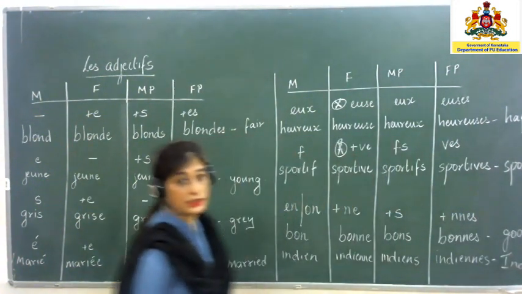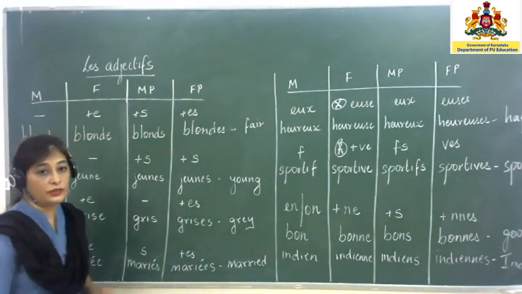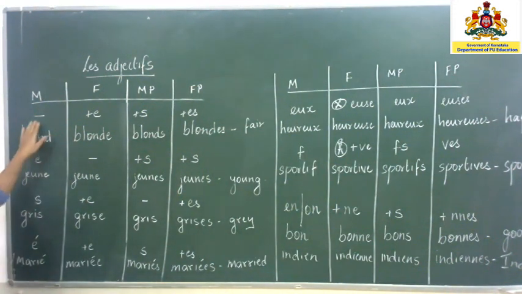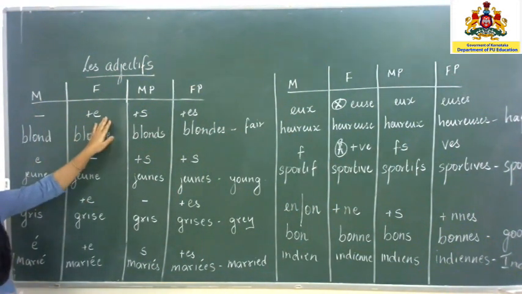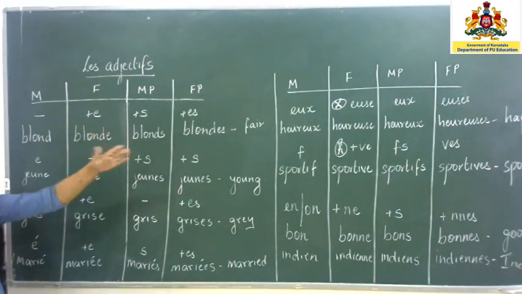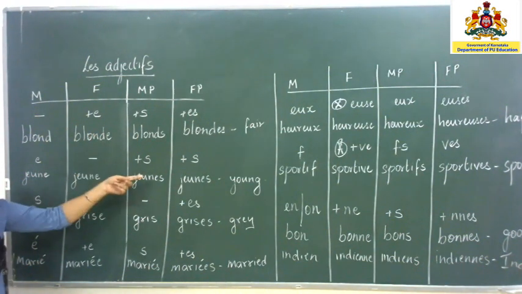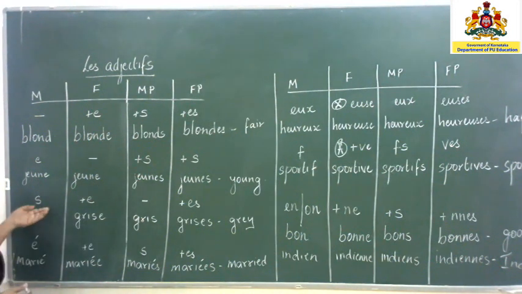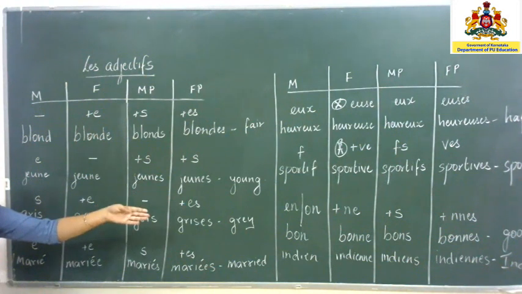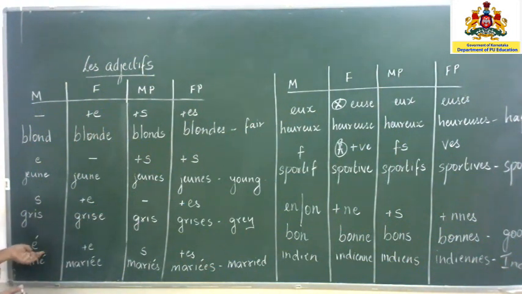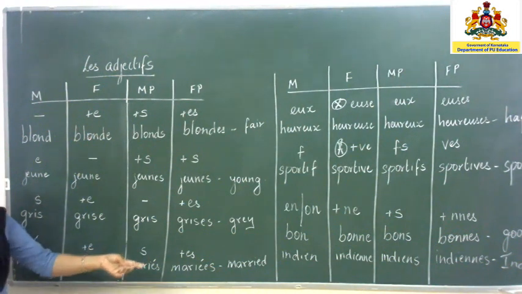Fine. So these are the rules for your regular adjectives. Your masculine can end with anything: add an E to the feminine, S to the masculine plural, ES to the feminine plural. If the masculine ends with an E, don't change the feminine. Add an S to the masculine and the feminine plural. If the word ends with an S, add an E to the feminine. No change in masculine plural. Add an ES to the feminine plural. E with an aigu accent takes an extra E in the feminine, S in the masculine plural, ES in the feminine plural.